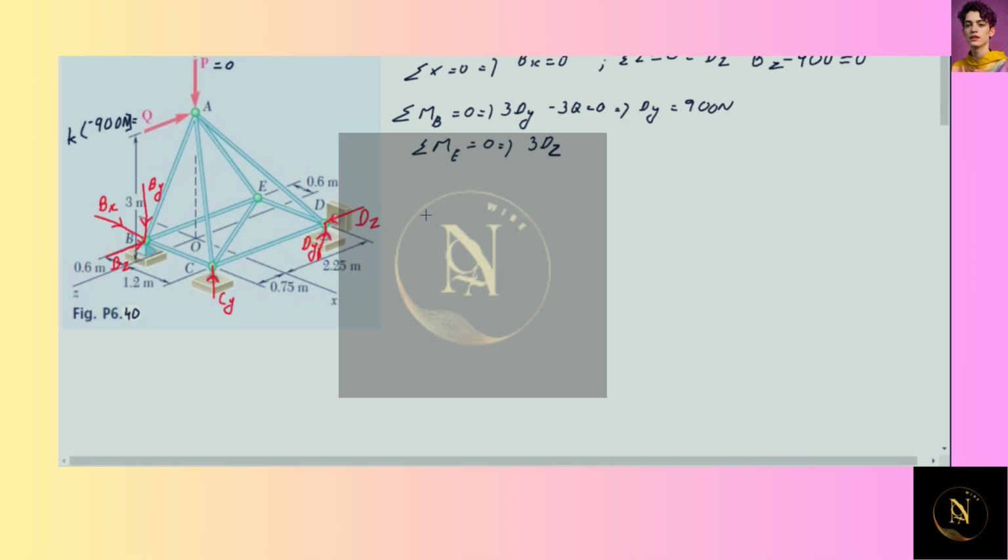This is from the point B, and this is the moment at point C, so that's why the dy is 3 meter away.